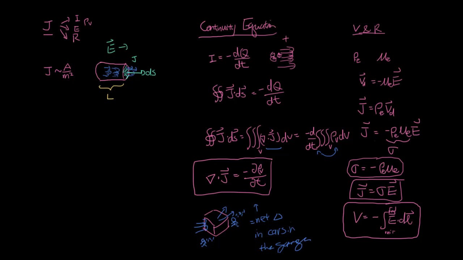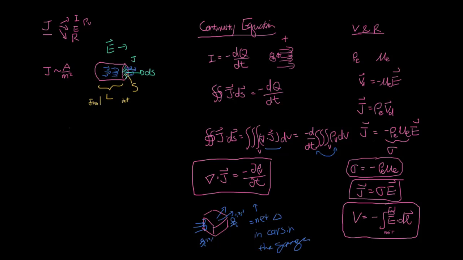And let's also define the surface area of the conductor. We'll call this S. And as far as our potential is concerned, we'll take the potential from our initial position and then integrate upward to our final position.